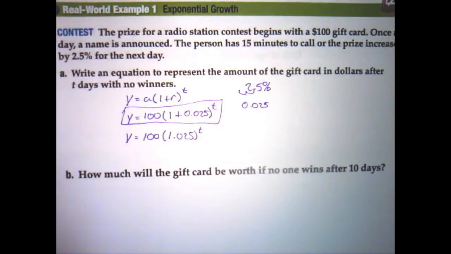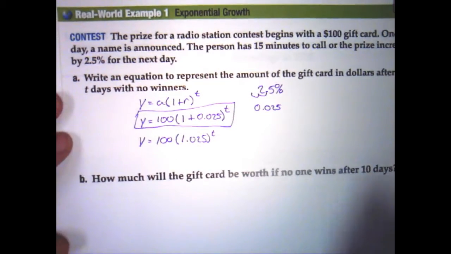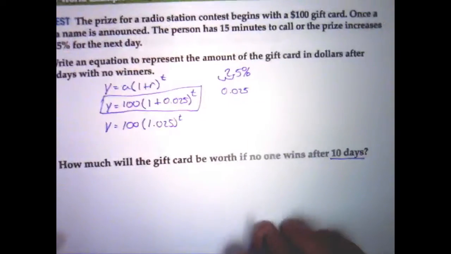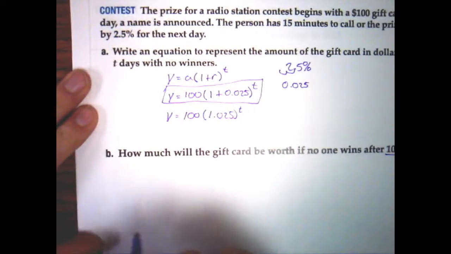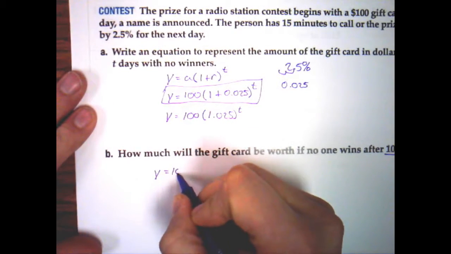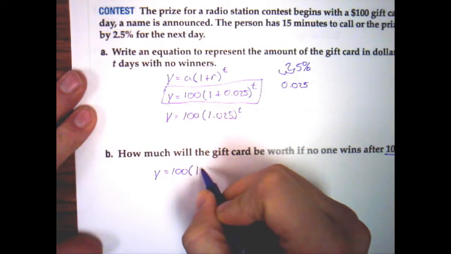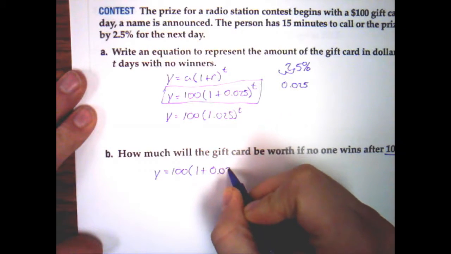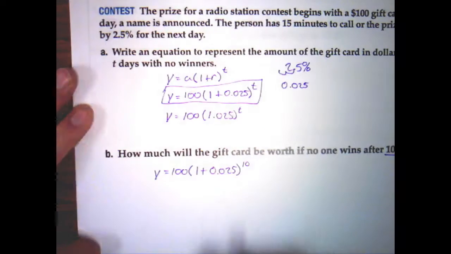Now, how much will the gift card be worth if no one wins after 10 days? Well, now 10 days represents t for time, so we plug that in for t into our original equation. To the 10th power.